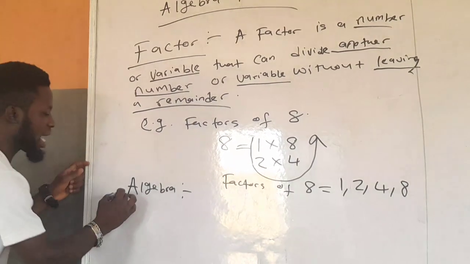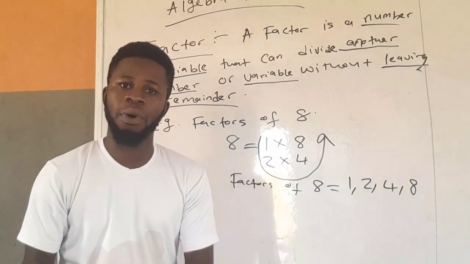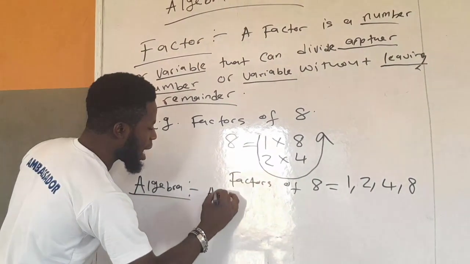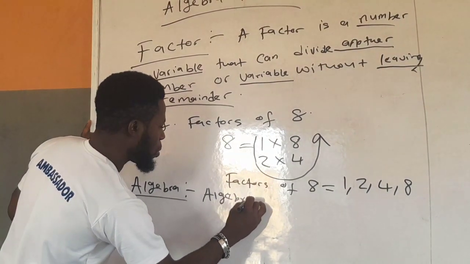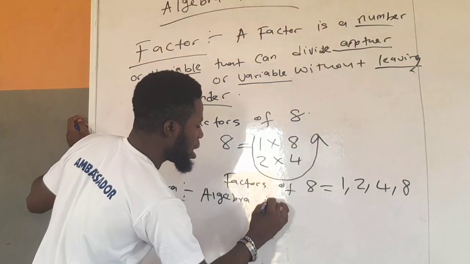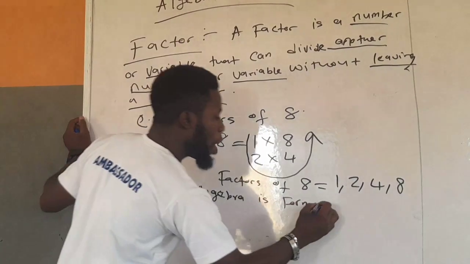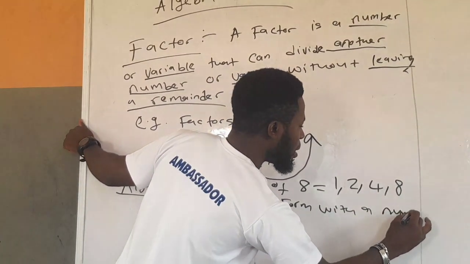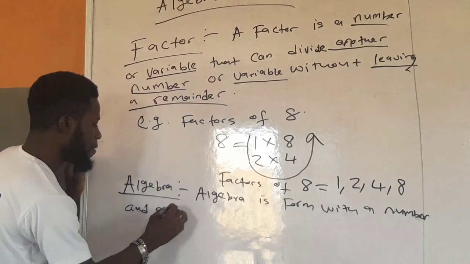Then the next thing is you need to understand what we call algebra. So there are different types of algebra. We have what we call algebraic expression, and we have another one we call algebraic equation. But one thing you need to know is that algebra is formed with a number and a variable.